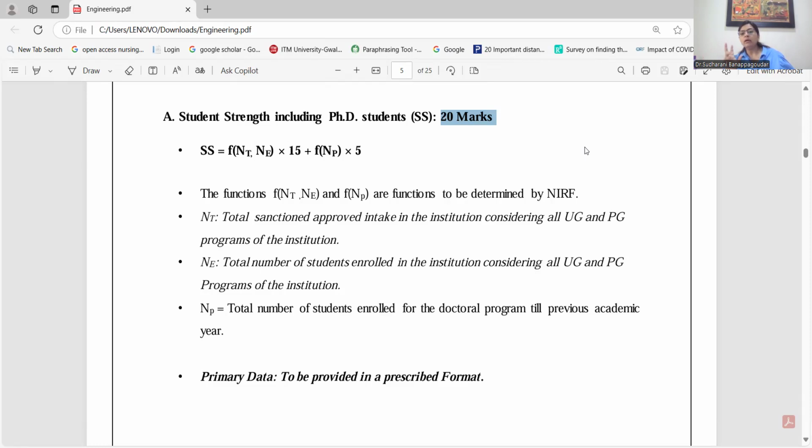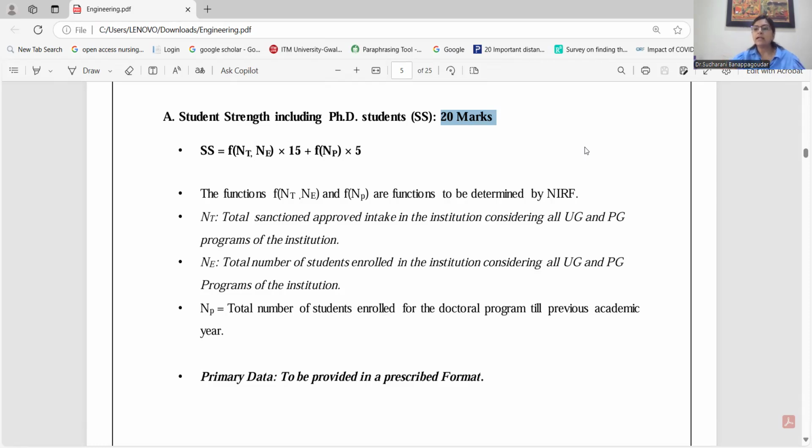As I already told, NT and NE are both important. If the intake is there and that much is enrolled, that gives us a good number. The maximum cap is normalized to 1 in the NT and NE case, but in the NP case it is normalized to 0.2.